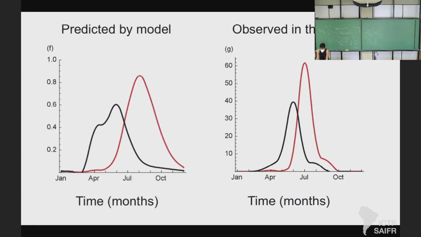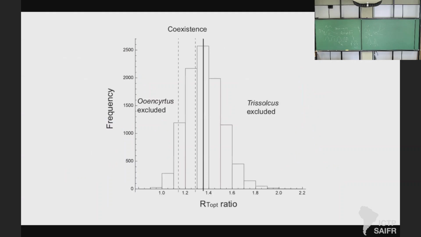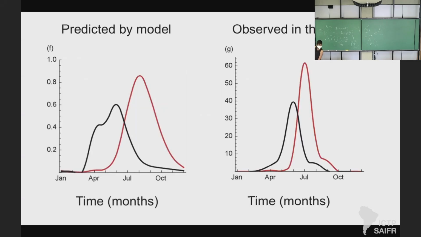And here's the beautiful thing. Here is the temporal dynamics of this system as predicted by our model, using the parameter values where you get coexistence. So if you take the parameter values from this region, it looks like that. Trisocus comes in, goes down when O insertus comes in.